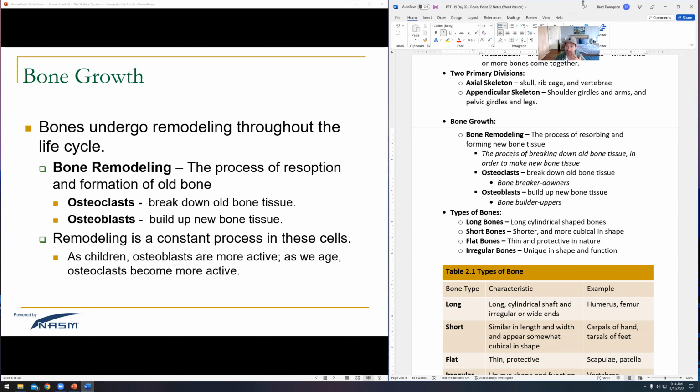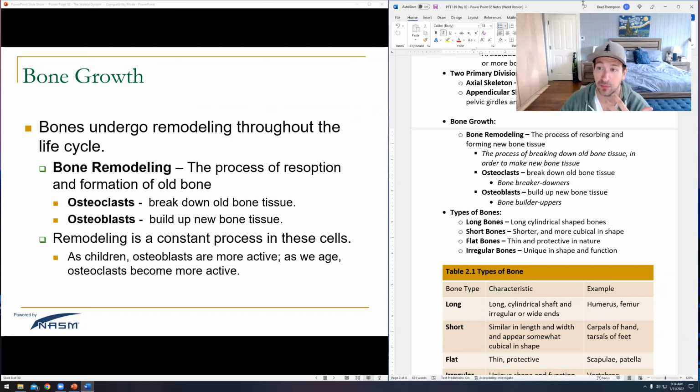We definitely see all the dead stuff left behind after we're gone, but while they're in your body, they are very much a living tissue made up of these cells right here. So bone remodeling is the process of resorbing old bone, taking out the damaged stuff and building up the new stuff. It's the process of breaking down old or imperfect bone tissue in order to make new.